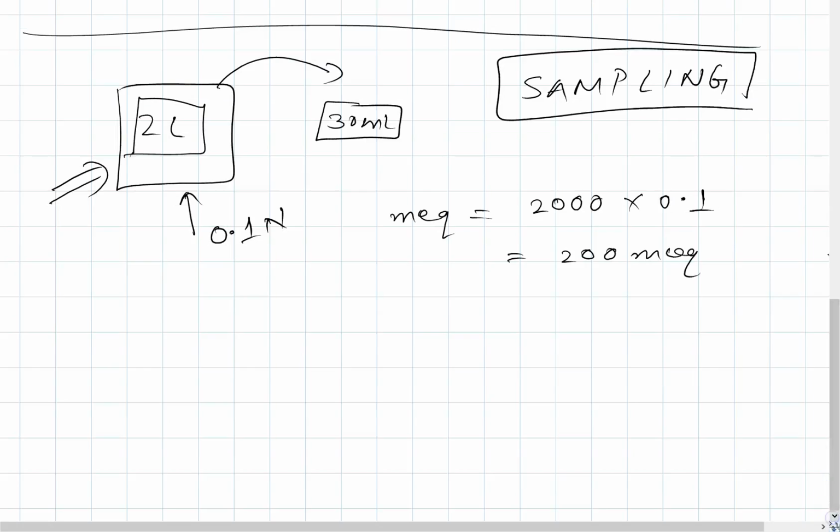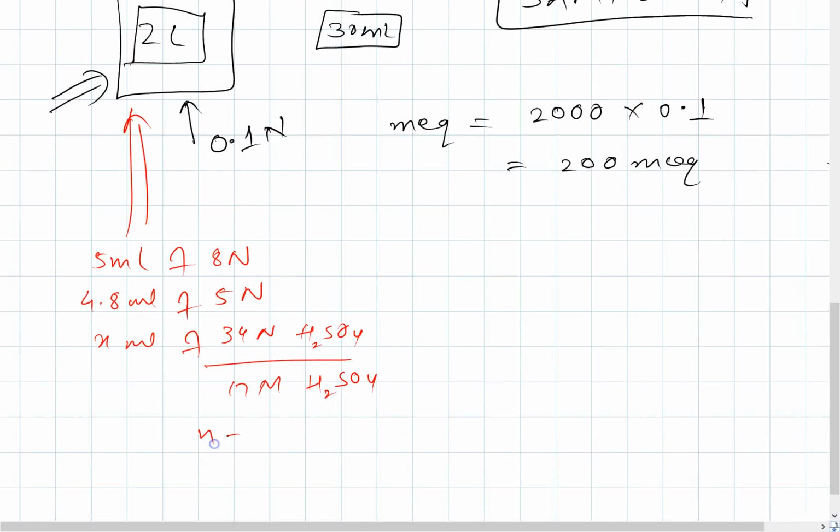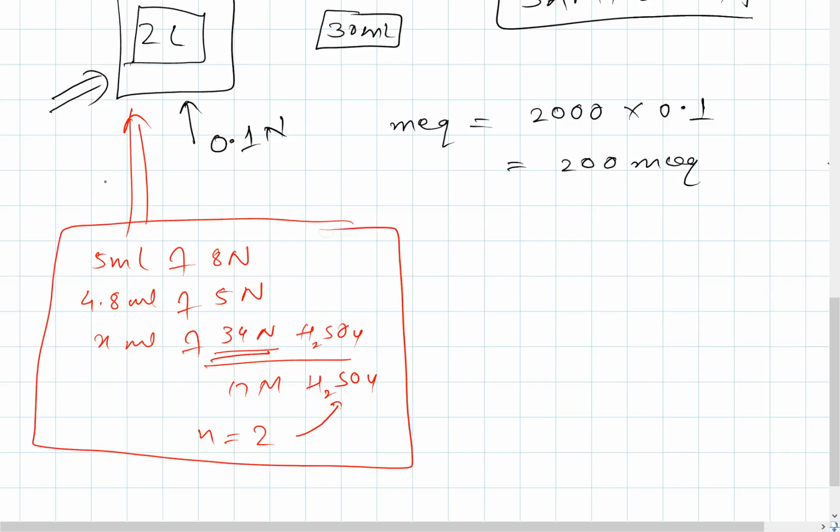But how was this 2 liter arrived at? This 2 liter mixture was made from 5 ml of 8 normal HNO3 plus 4.8 ml of 5 normal HCl plus X ml of 34 normal H2SO4. We were given 17 molar H2SO4. The n factor of H2SO4 is 2, so its normality will be 34 normal. You mixed these together and then added water to make it up to 2 liters.